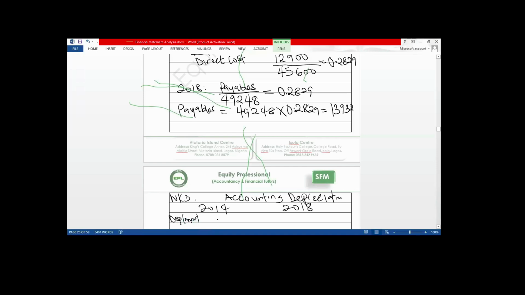Annual depreciation on existing non-current assets is 5,700. This asset is still existing to 2018. That means depreciation on existing non-current asset is 5,700.